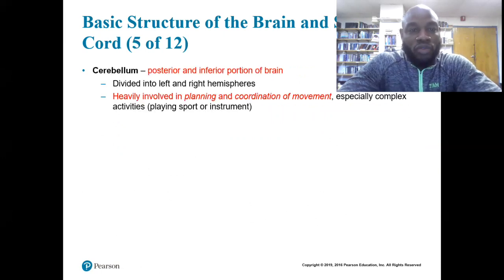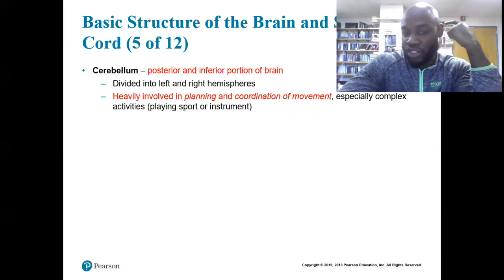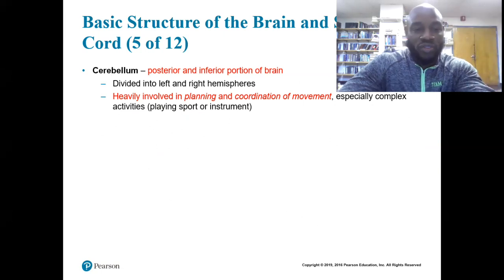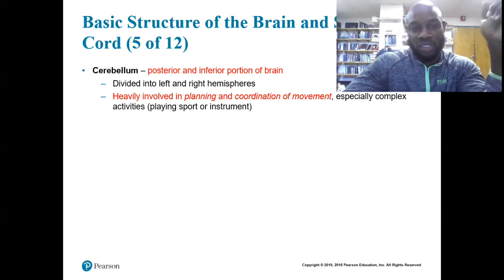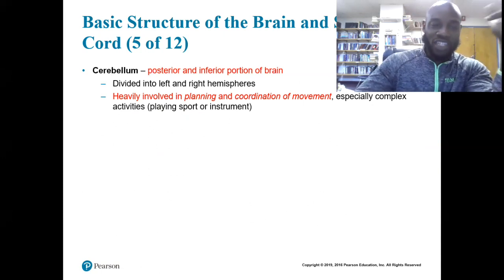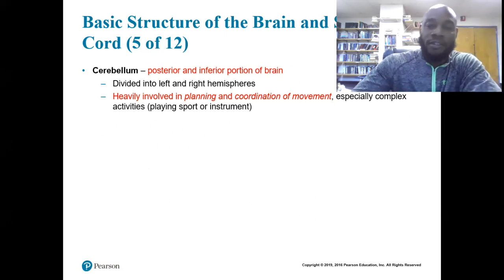The cerebellum is the posterior, inferior, bottom portion of your brain. Also divided into left and right hemispheres. This one works with planning and coordinating of movements, especially playing in sport. This is the part of the brain used a lot in athletes.